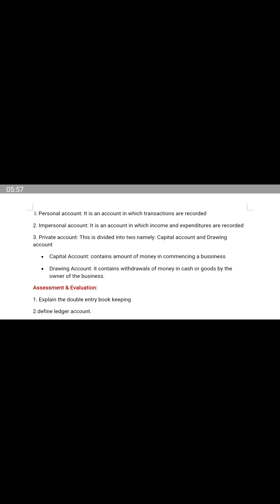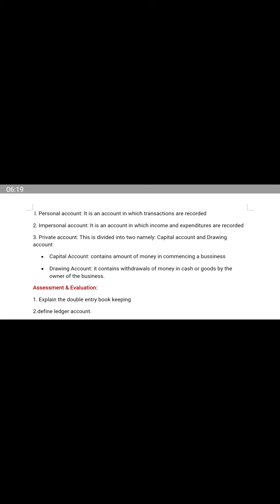We move to the last one, private accounts. Private accounts are divided into two. It has the capital account and the drawing account. The capital account contains the amount of money which is used in starting up a business.